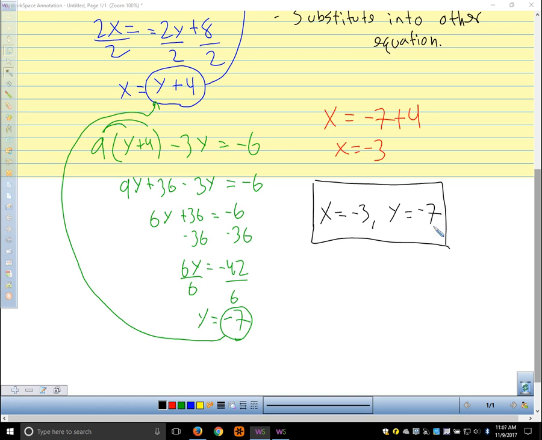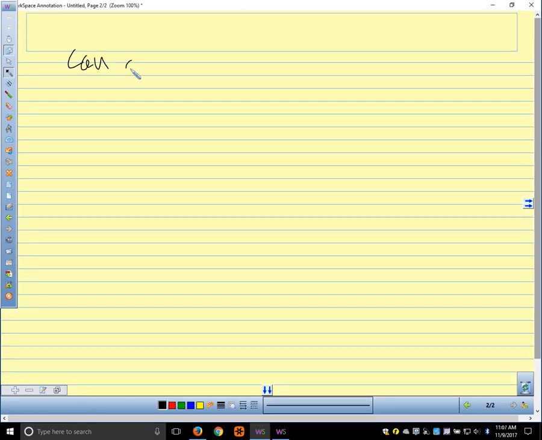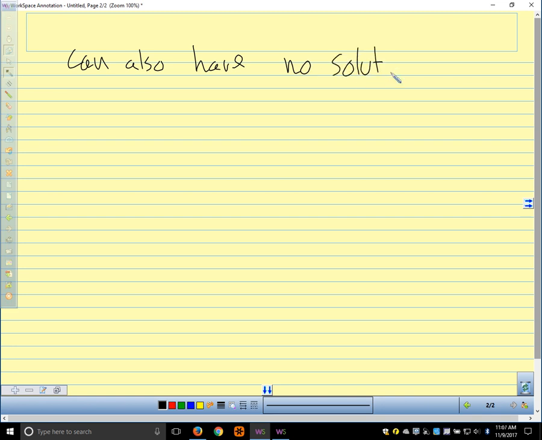Well, when we have systems of equations, we can also have no solution. And that would happen if the lines don't intersect, if those lines happen to be parallel.